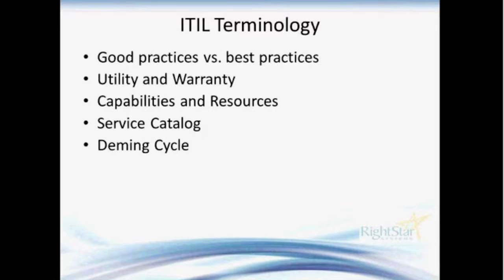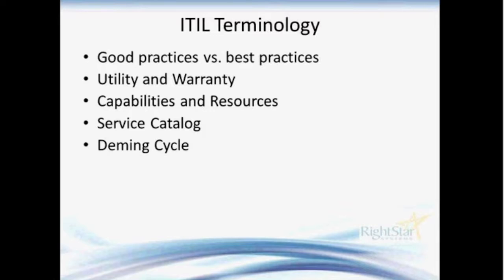So does the service that we're providing meet or exceed the requirements of the business? And does it have all of the appropriate features, the bells and whistles that the business is looking for? Equally important is the level of warranty, meaning, is this a reliable service? And there are some certain aspects of warranty that we look at when we are designing a service, and we'll talk about those a little bit later when we talk about service design.